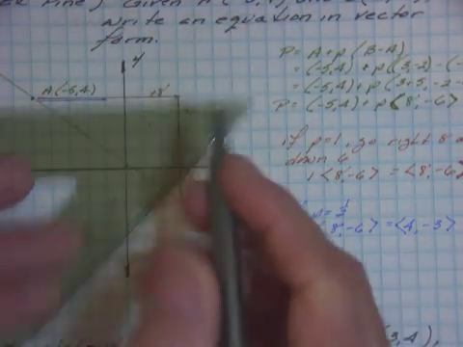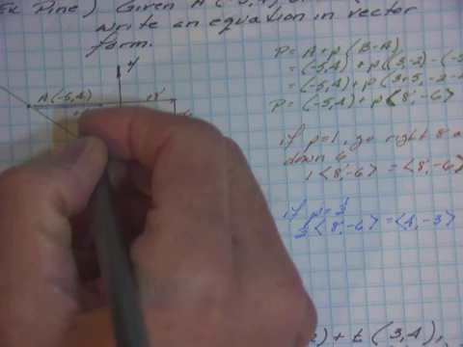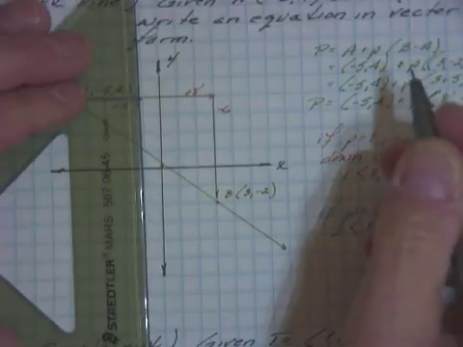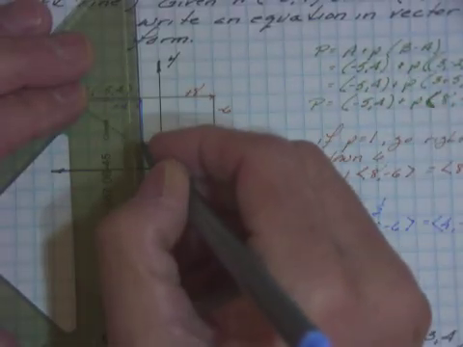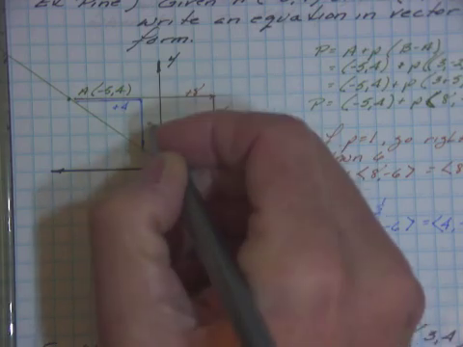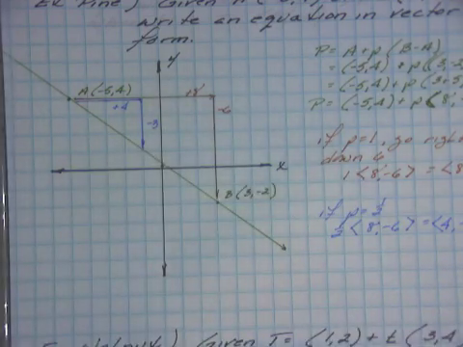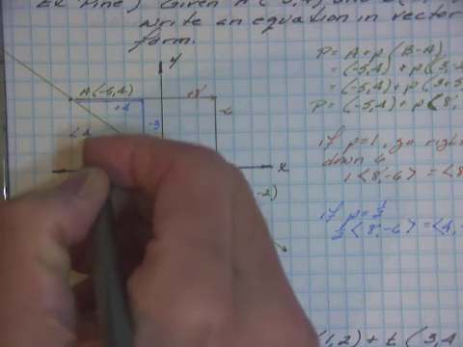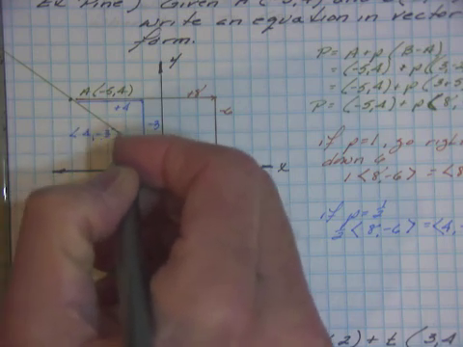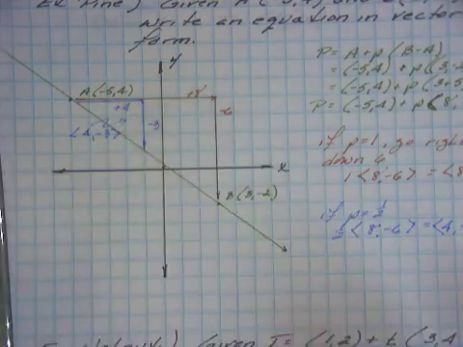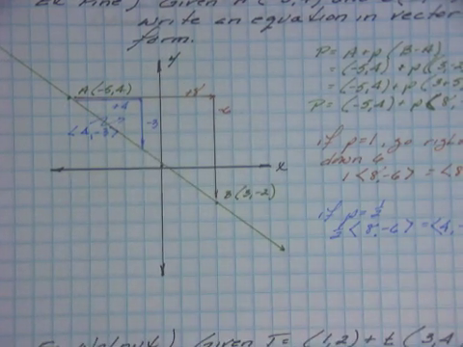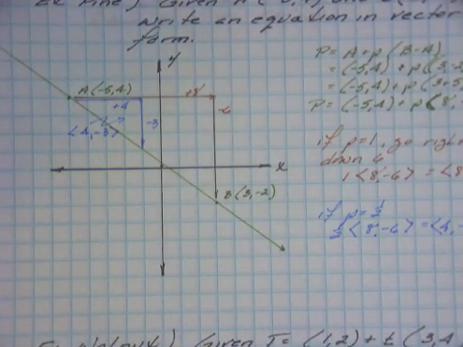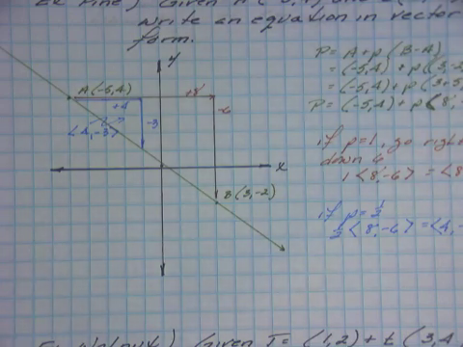So that's 1, 2, 3, 4, and down 3. But notice, I'm still on the line.